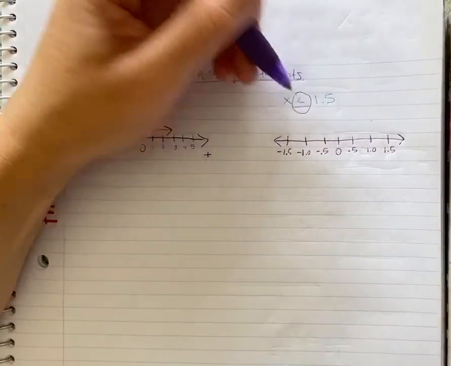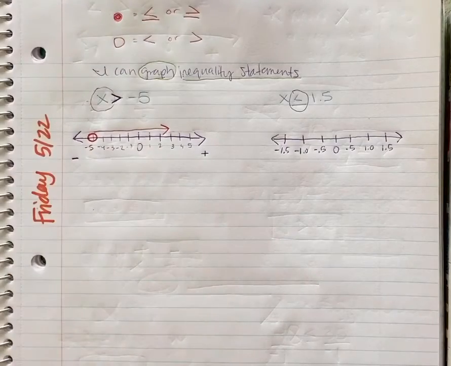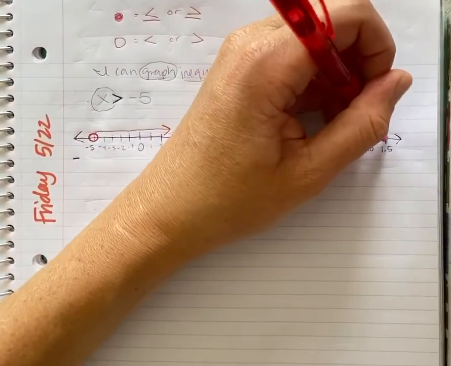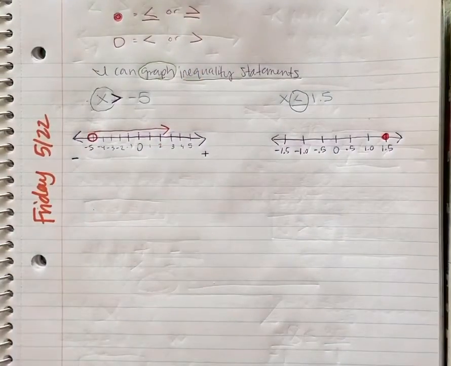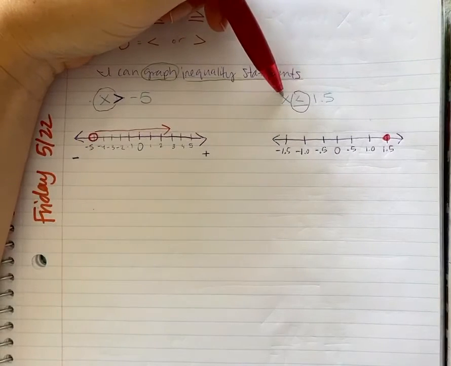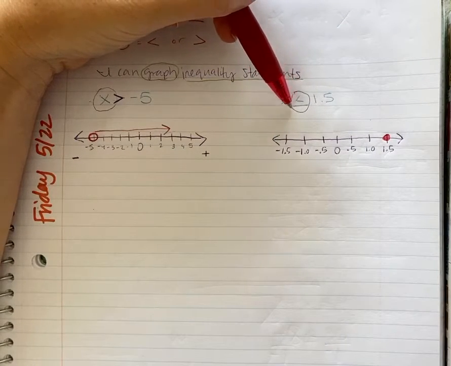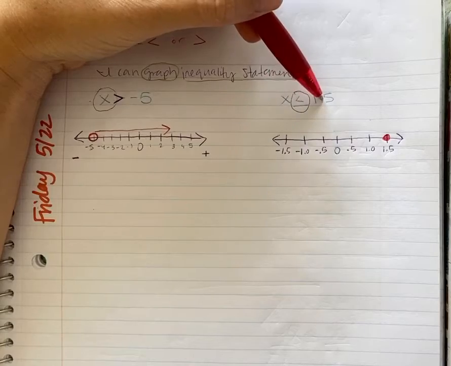Looking at this sign, I know that I'm going to use a closed circle. And my closed circle is going to go right on this number 1.5. So I'm going to close in that circle. And I'm going to draw a line that represents all of the possible answers that are less than or equal to 1.5.